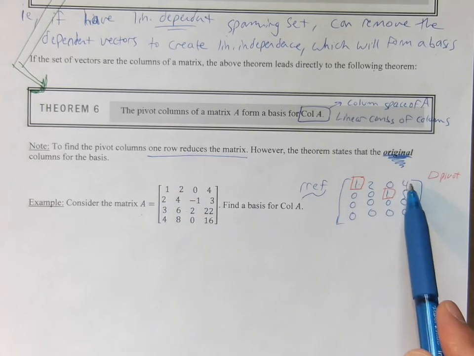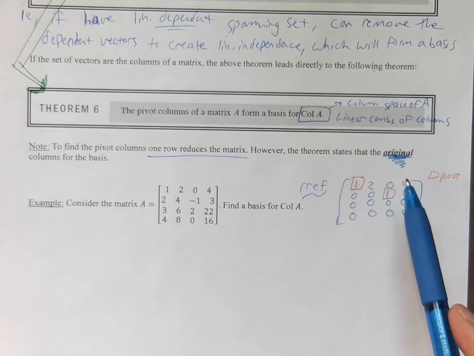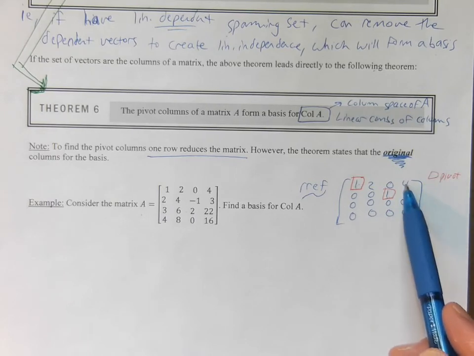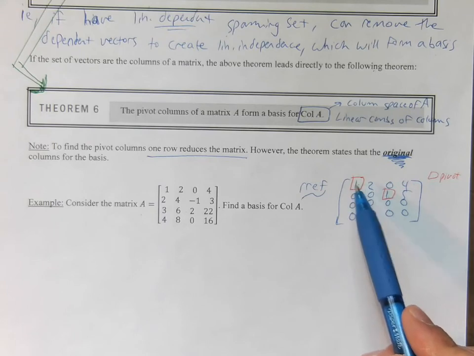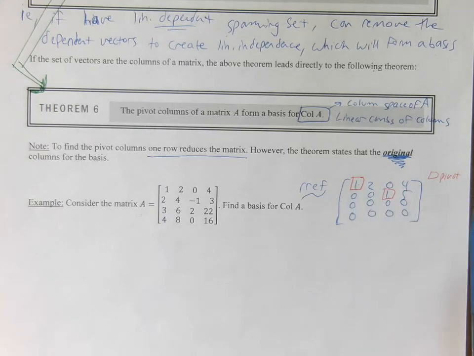Let's see, how do we do this? 4 times the first column, plus minus 3 times the second. Would that make sense? Minus 3.